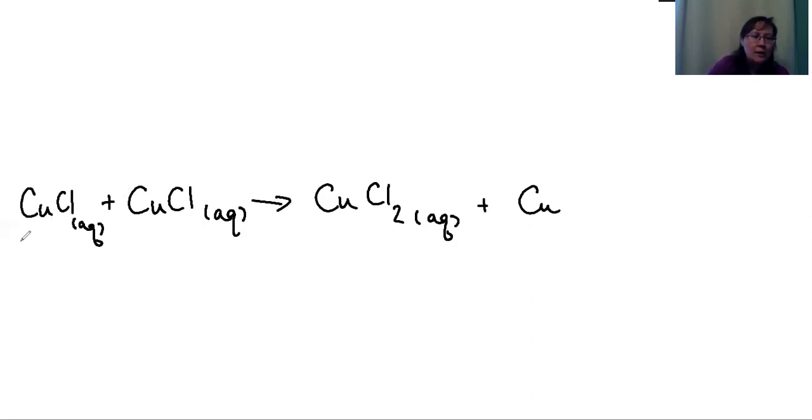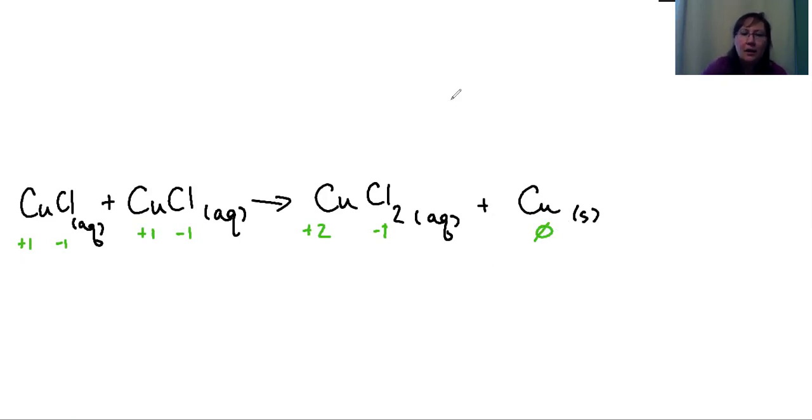Copper 1 chloride means this is +1 -1 and +1 -1. Now we have copper 2 chloride, so this is +2 -1. And this is copper metal, copper solid, which means that it's in its elemental form, so its oxidation state is 0.